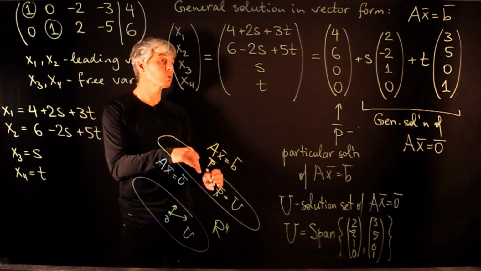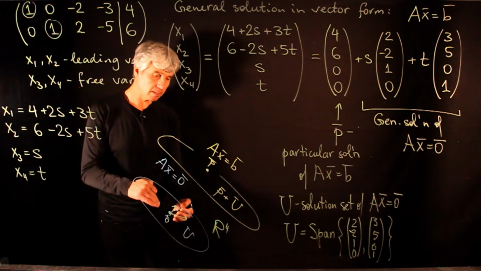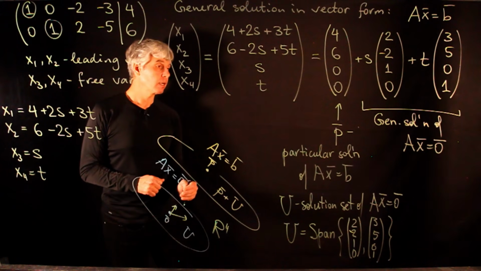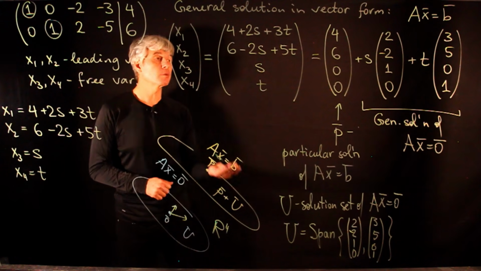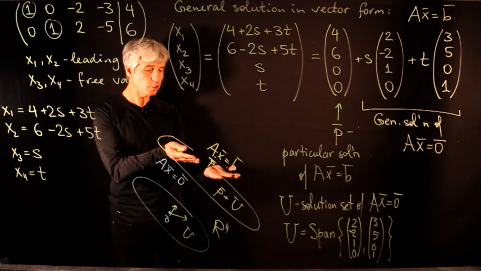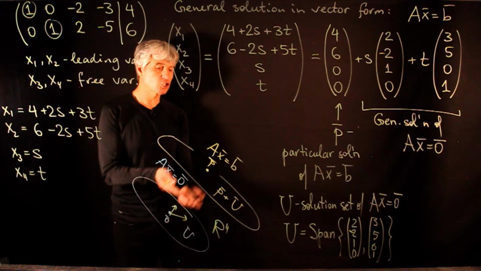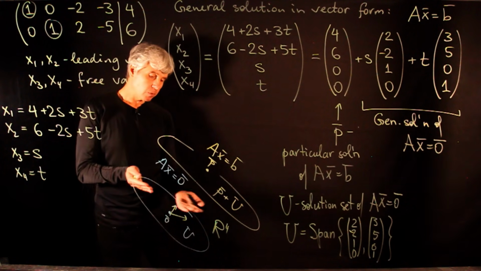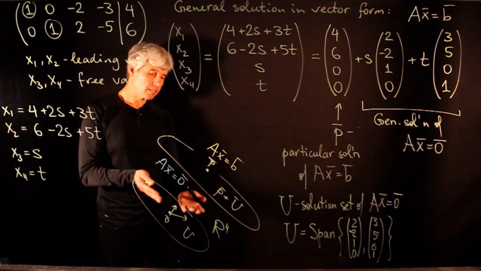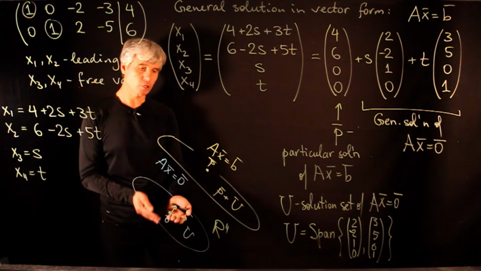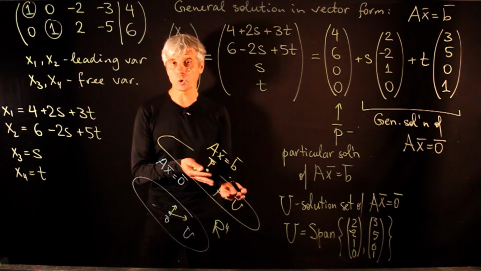which no longer goes through the origin. And so this parallel plane is going to be the solution set of a non-homogeneous system. So the solution set of a non-homogeneous system is a subspace shifted by a non-zero vector. And so here, both solution sets geometrically look like planes, but one plane goes through the origin and the other plane doesn't go through the origin.